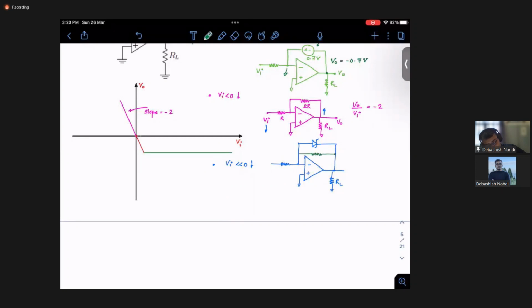So this point is increasing, and this is fixed at 0. What will happen? The reverse bias, the potential across this diode, will keep increasing.